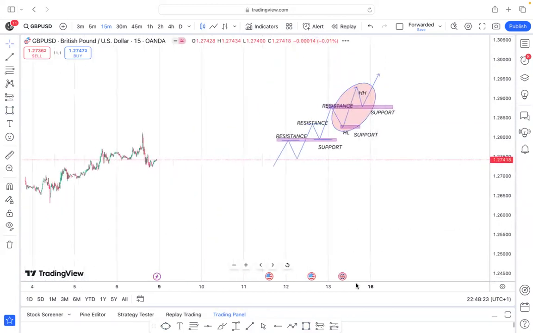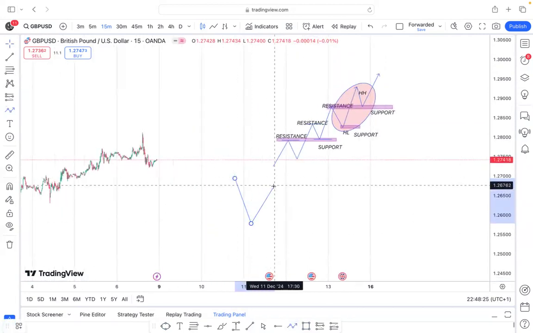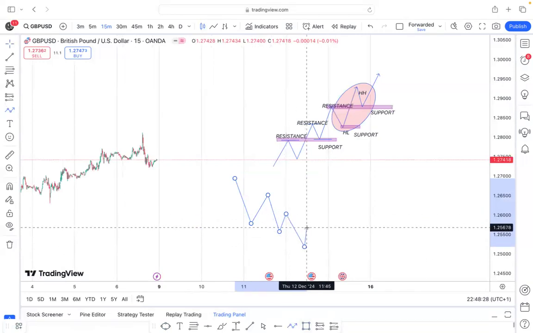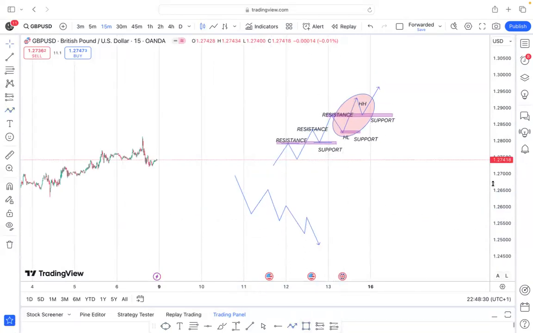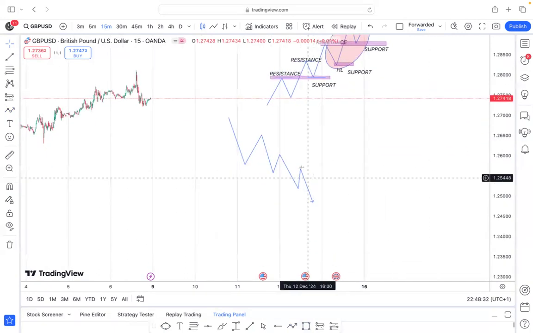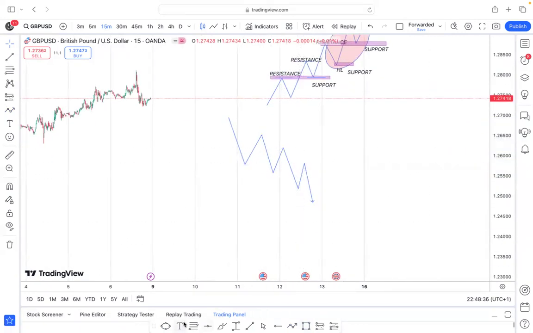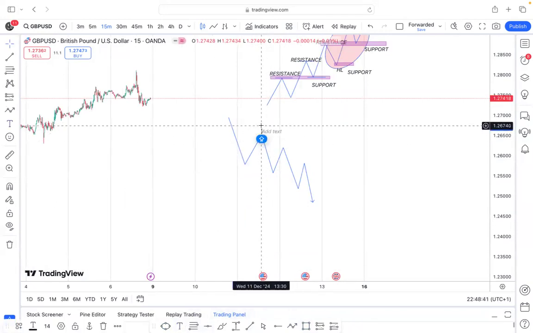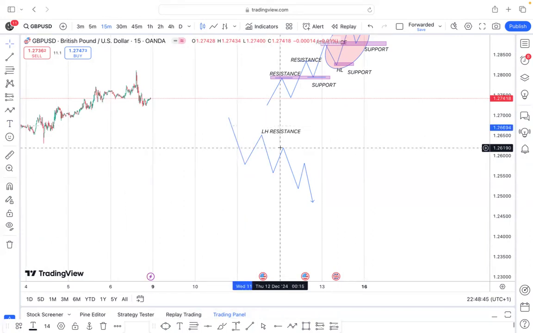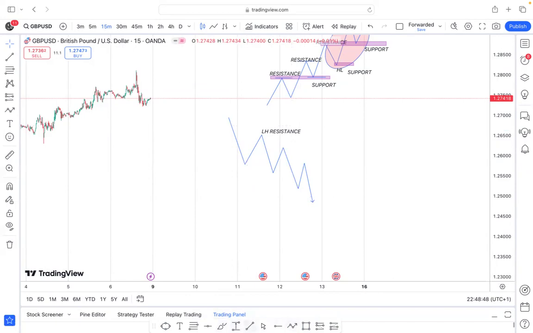In a downtrend, price is moving below, creating a series of lower highs and lower lows, right? All these lower highs are our resistance levels, and all these lower lows are our support levels.